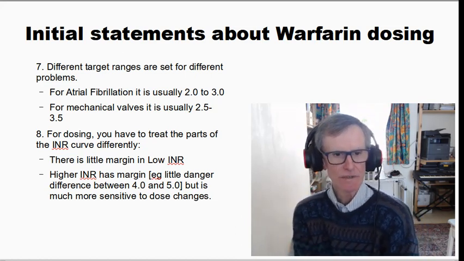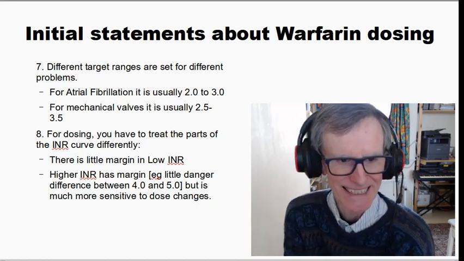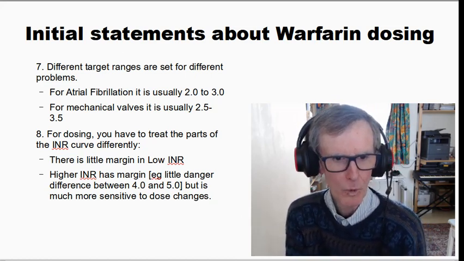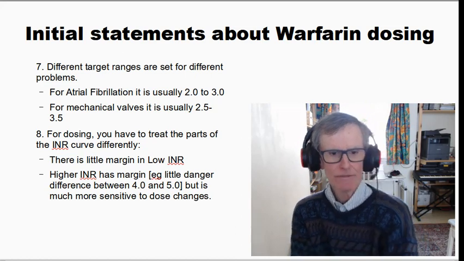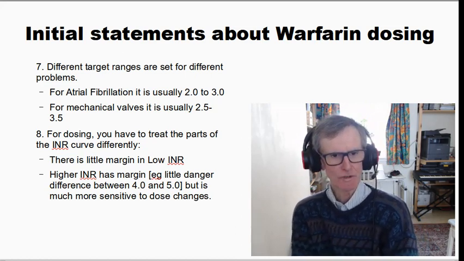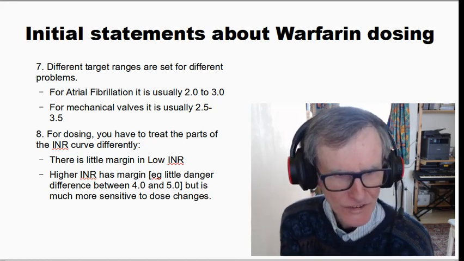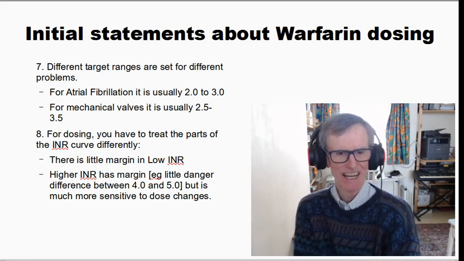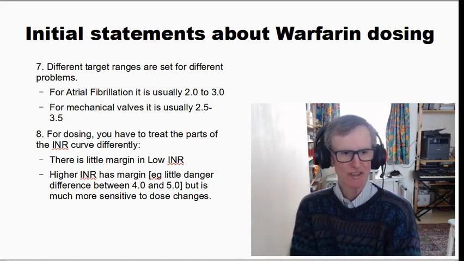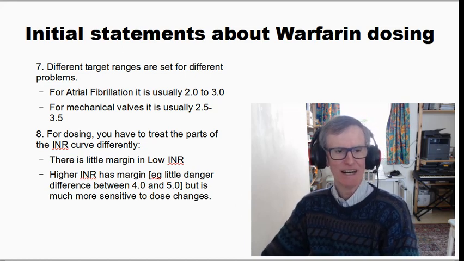The other thing to note is that the higher INRs have more margin. There's very little difference between an INR of 4 and an INR of 5. And also, the higher INRs are much more sensitive to a dose change than the lower INRs.